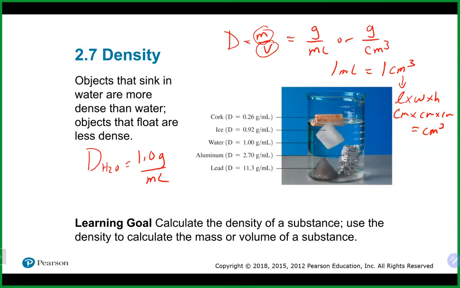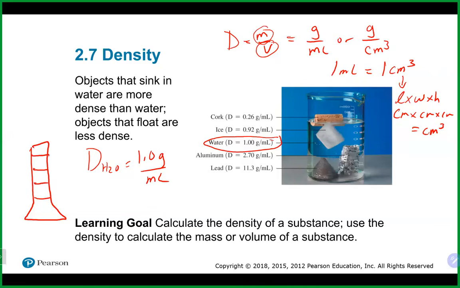Anything that is more dense than water, which is right about here, will sink, and anything less dense than water will float. If we put a bunch of solutions into a graduated cylinder and they have different densities, they will separate out into different layers.